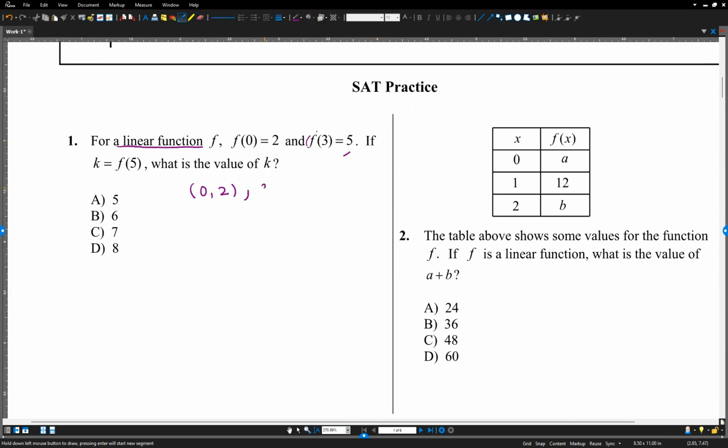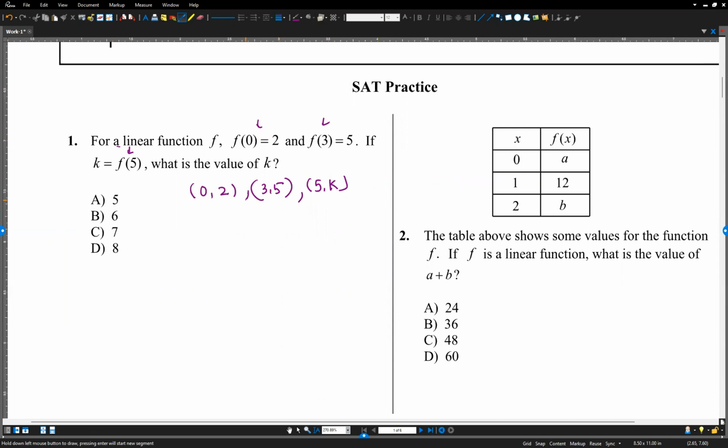And another point: when x is 5, y is k. We have 3 points actually, expressed in function notation. But this is a point, it's the same thing. So what is the value of k?